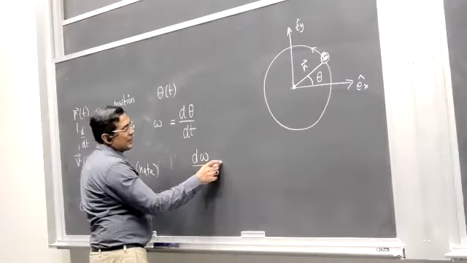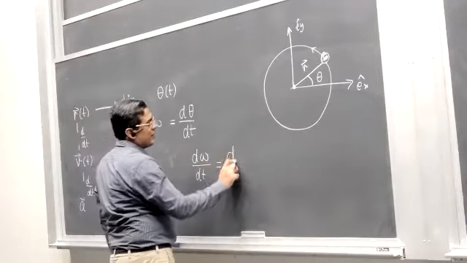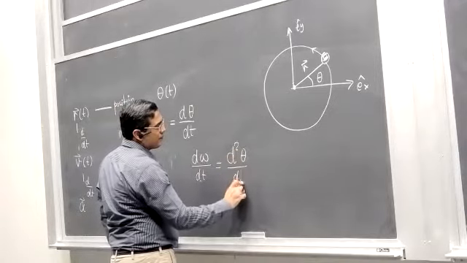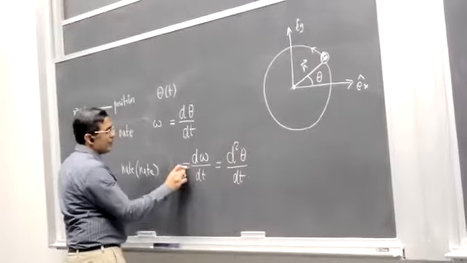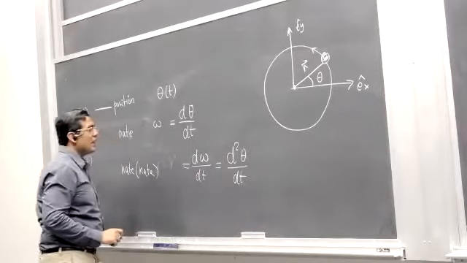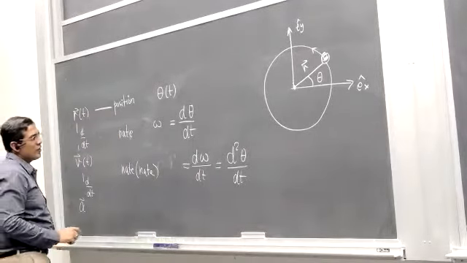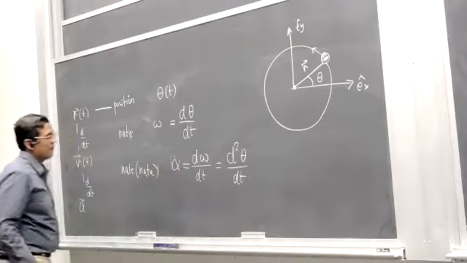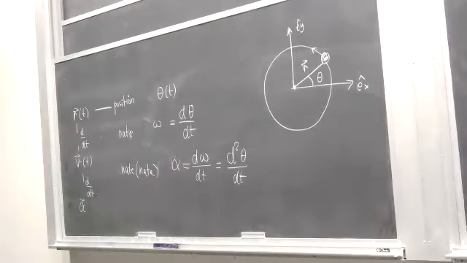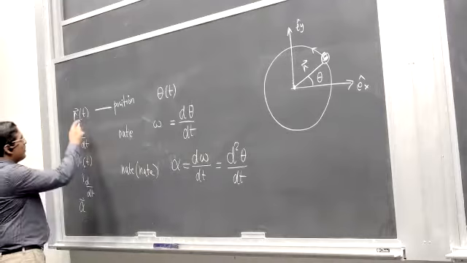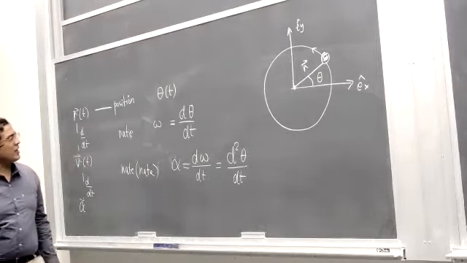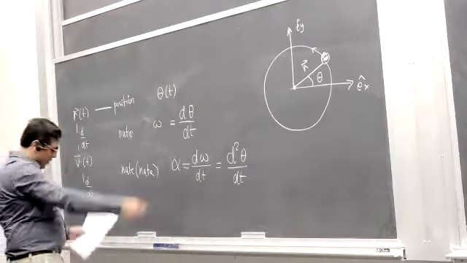This is a double derivative of theta with respect to time, and that is the angular acceleration, or the rotational acceleration, and we denote it with the Greek letter alpha. So these are the counterparts to R, V, and A in translational kinematics. This is rotational kinematics.